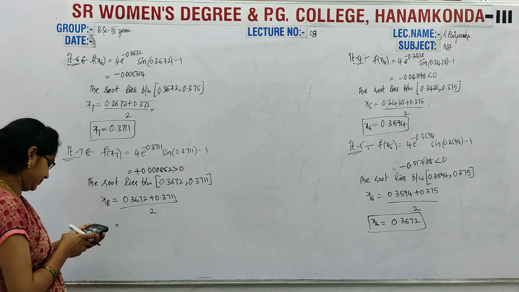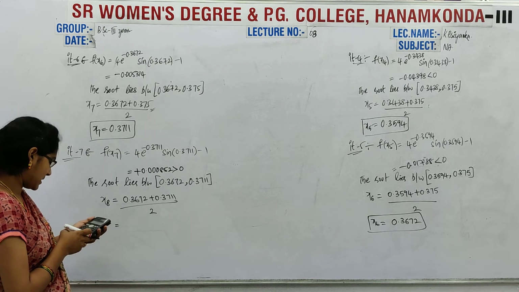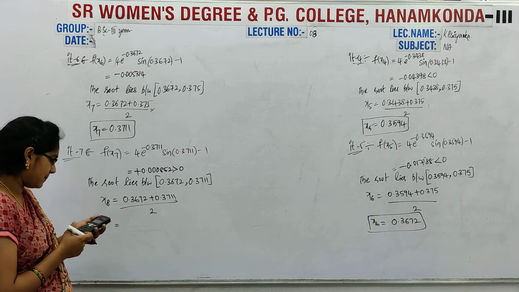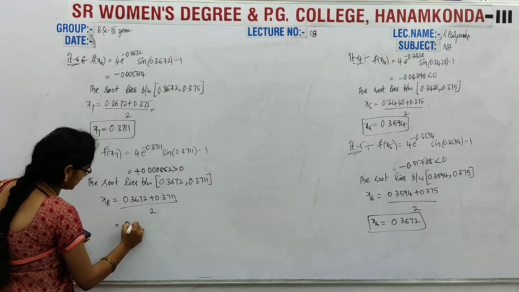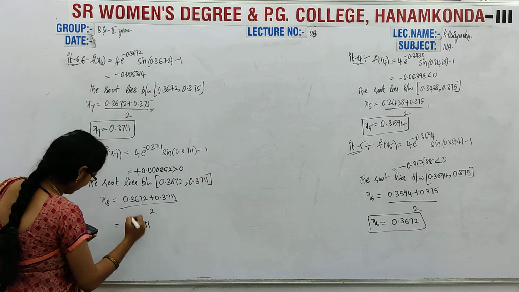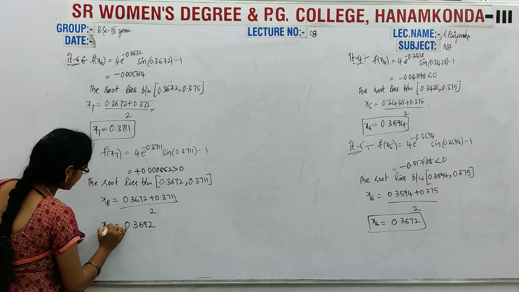Now see 0.3672. Actually here in the question they mentioned up to 3 decimals. So compulsory 3 decimals should be similar. That's why I am repeating this one. Now again see, I have the 0.36915. So I am taking that 0.3692, x8.